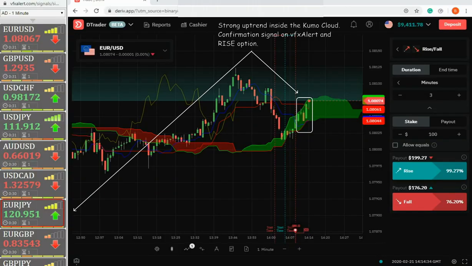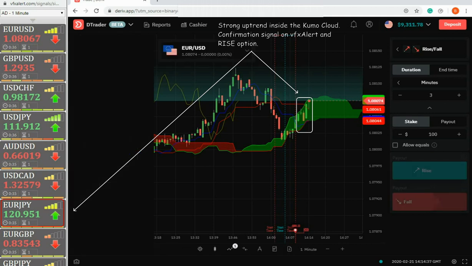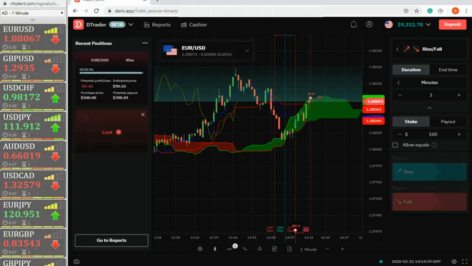Euro dollar. Strong uptrend inside the Kumo cloud. Confirmation signal on vfxAlert and rise option.